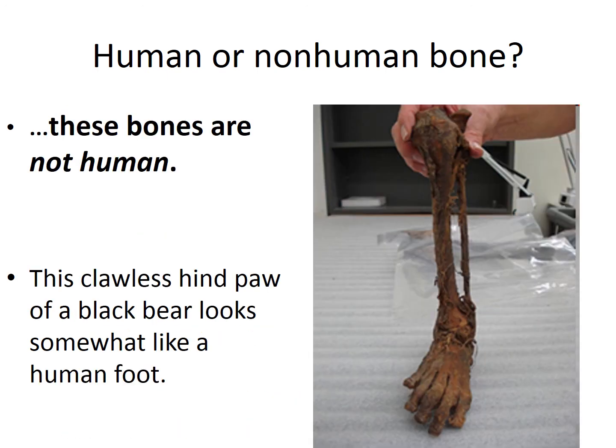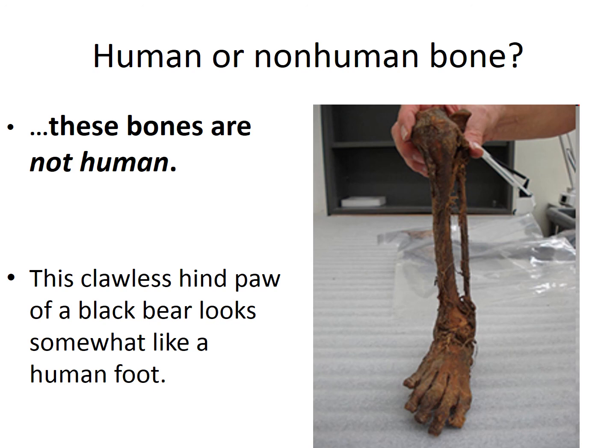Hey, these bones aren't human bones. They're actually the back leg of a black bear. Now, when you find that out, you go, oh, well, yeah, because the leg bones here are disproportionate to the size of the foot.